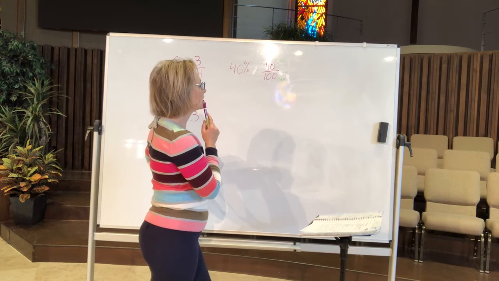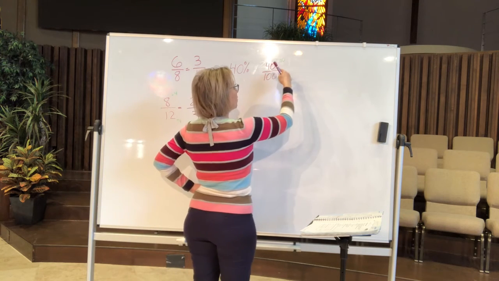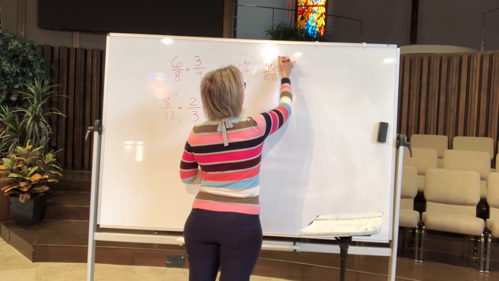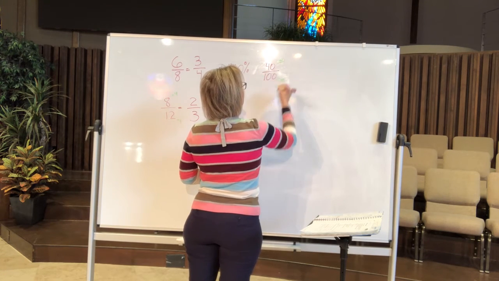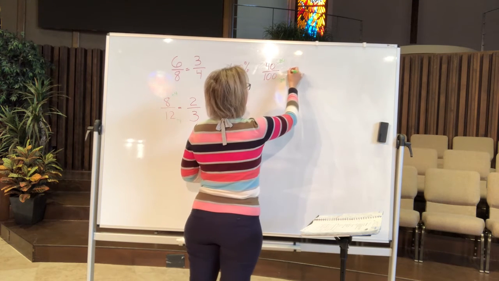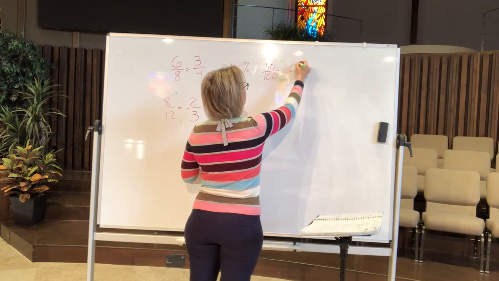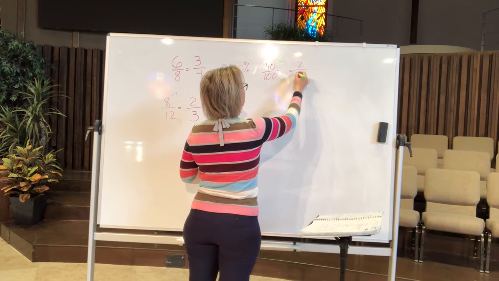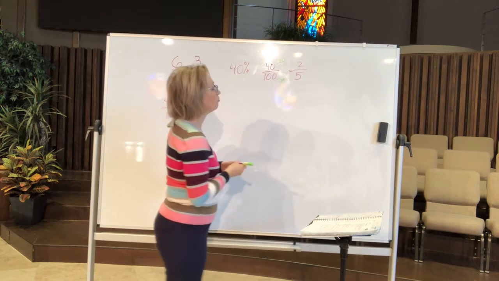It's 20. If I divided by 10, I'd have to reduce some more. So let's do 20. 40 divided by 20 goes 2 times. 100 divided by 20 is 5, so 2/5.